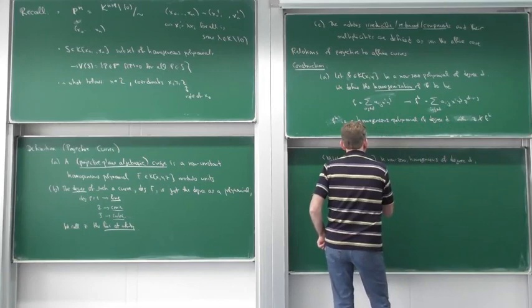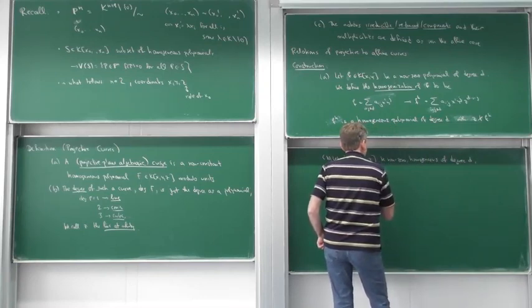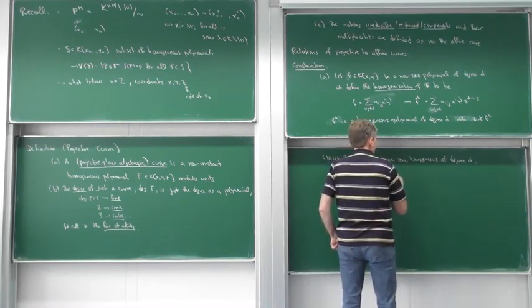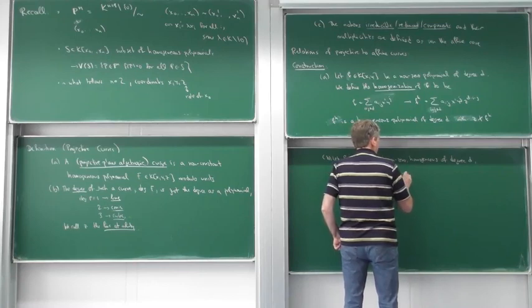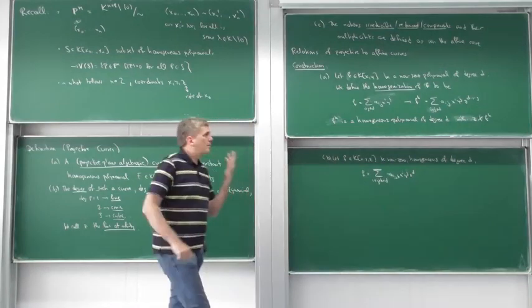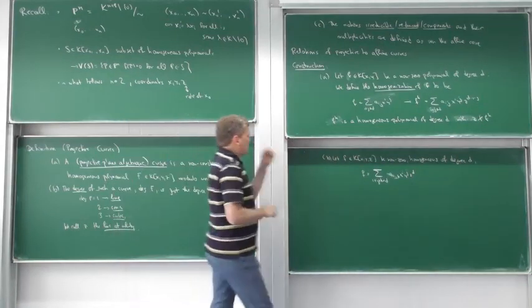And so it would have a representation as a sum over i, j and k, where the sum of them is now always equal to d, and then some coefficients a_ijk x^i y^j z^k. So that's the general form of a homogeneous polynomial.